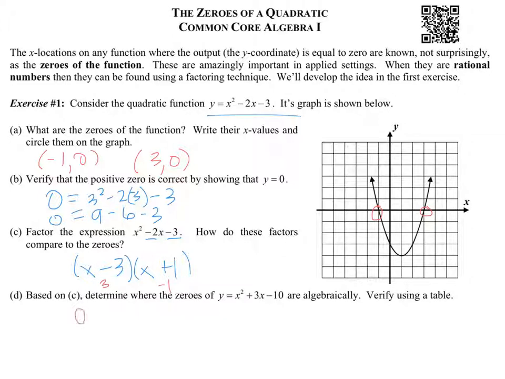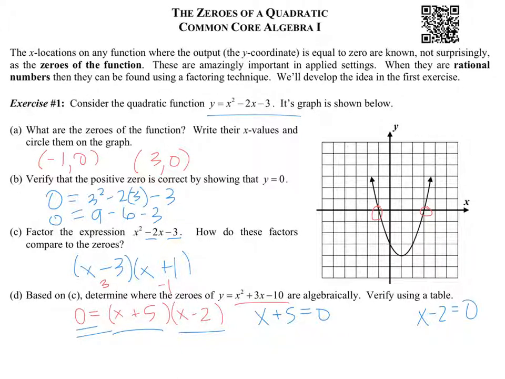So if y equals 0, and I'm going to do this one, what multiplies to equal -10 and adds to equal +3? That's a +5 and -2. So what we really have here is x plus 5 equals 0 and x minus 2 also equals 0.